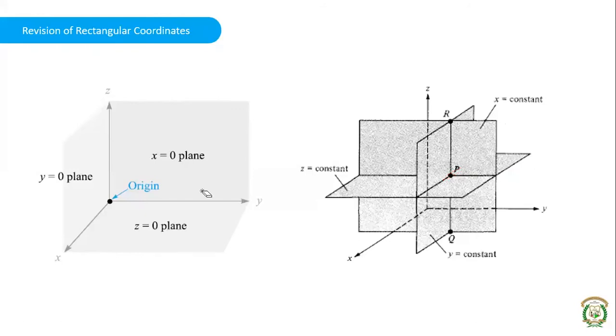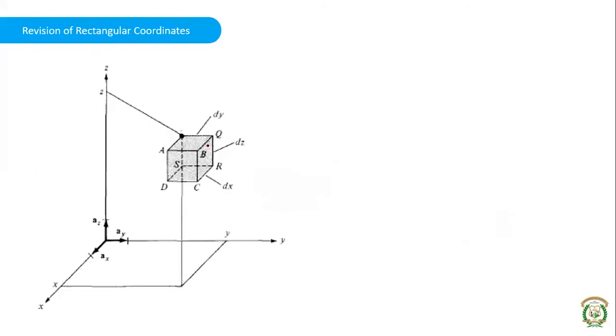Next, we have seen the differential volume element in the case of rectangular coordinates, a small volume element which is formed by moving a point P by differential lengths in all three axes. Suppose initially the point P was here.